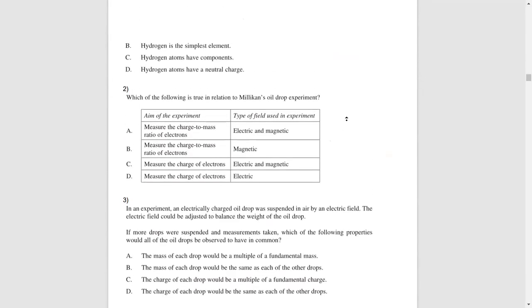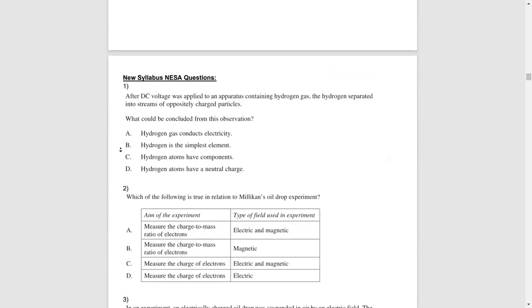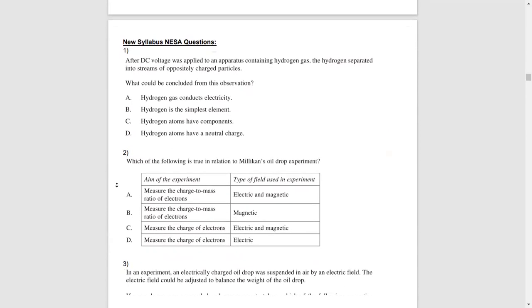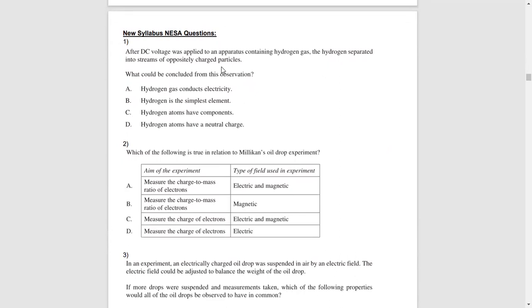Okay, so here are your questions on atoms. After applying DC voltage, the hydrogen gas is separated into streams of positively charged particles. What can we conclude from this observation? Well, you're applying DC voltage to hydrogen gas and it's separated into streams of positively charged particles. So does hydrogen gas conduct electricity? Well, clearly it doesn't.